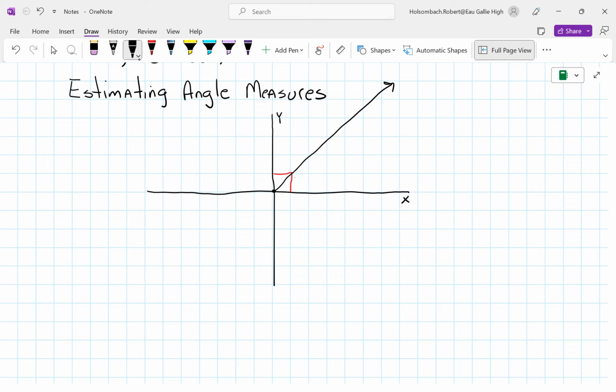Now, if this initial angle in quadrant 1 of the coordinate plane was 90 degrees and I just bisected it, what degree angle measure is the new angle? 45. So this is a 45-degree angle, isn't it? Yeah. And if I extend it the other direction, I'm creating another 45-degree angle down here, right?